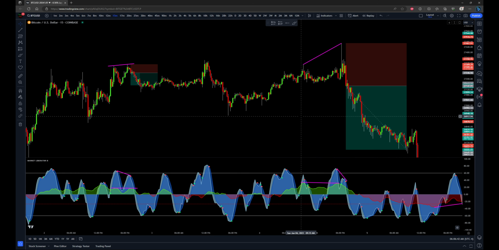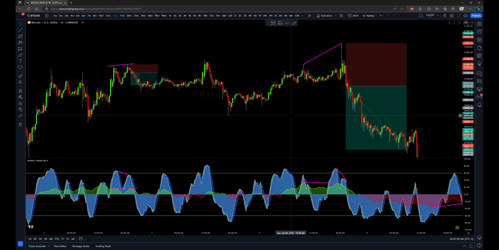There's another one out there called the Market Cipher B, which is very expensive. So I'd recommend going with one of these free options, Market Liberator B. I believe it was a small donation of any amount to get access to it. It was a long time ago that I got access to it, so I don't quite remember, but you can look it up online if you want the Market Liberator B or the Fu Manchu free one in TradingView.